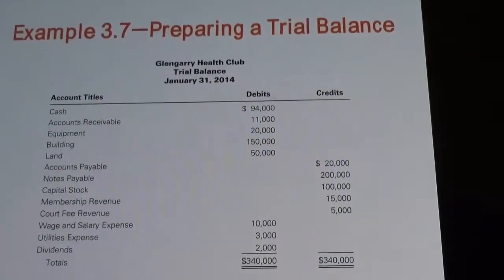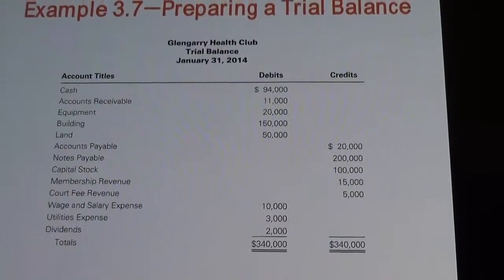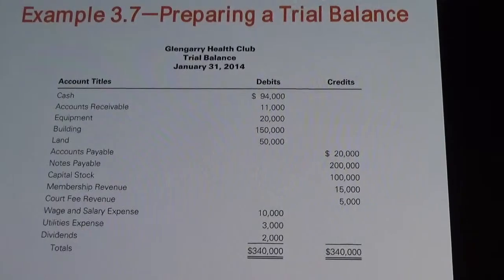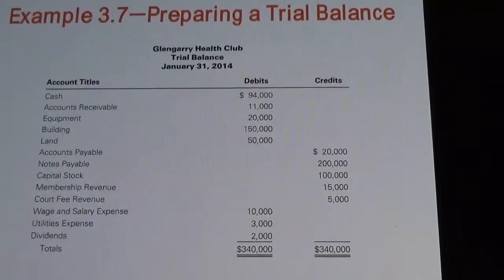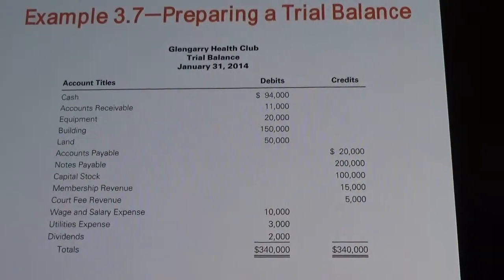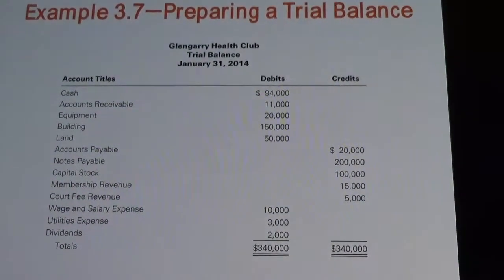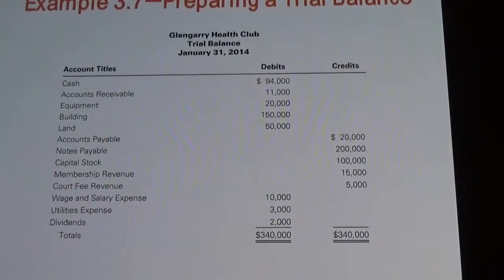So here's what a trial balance would look like for the company that we've been using as an example. And so we would simply show all the account balances after the time period is over. For this company, it's after the first month, so we're at the end of the first month, and we're showing the snapshot of what they look like at the end of that month.